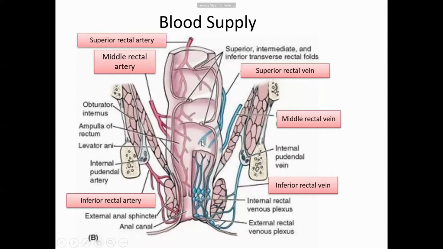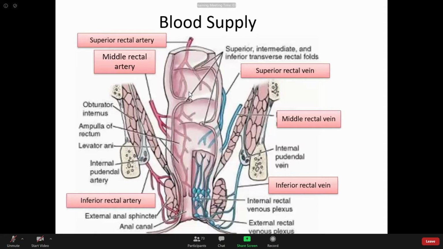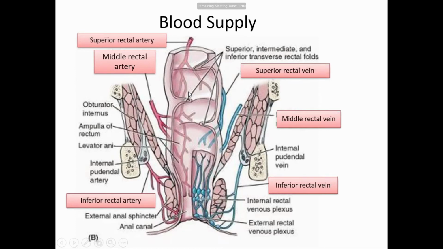Nerve supply: the rectum is supplied by the sympathetic and the parasympathetic nervous system. Sympathetic supply is via the L1 and L2 segments of the spinal cord by the hypogastric plexus, and parasympathetic is via the pelvic splanchnic nerve.